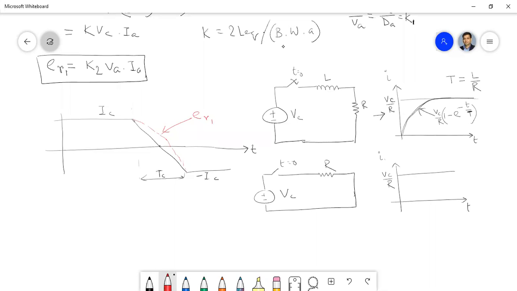This type of delayed commutation is called under commutation. What kind of problem will arise due to this delayed commutation, I will discuss later. Have you understood how this delayed commutation occurs due to this reactance voltage?